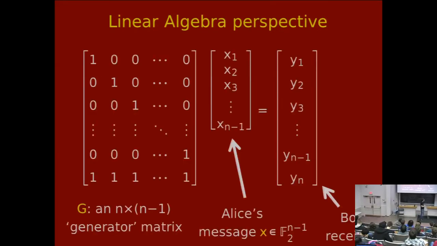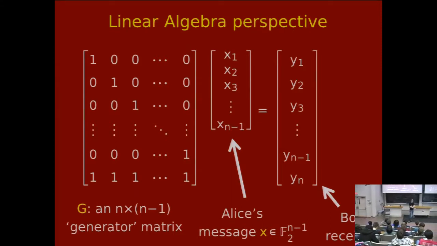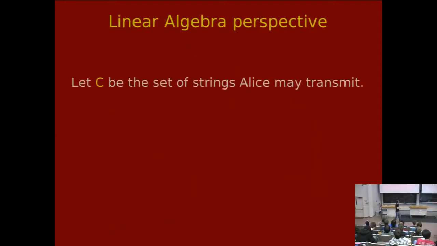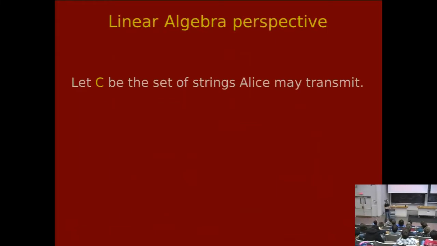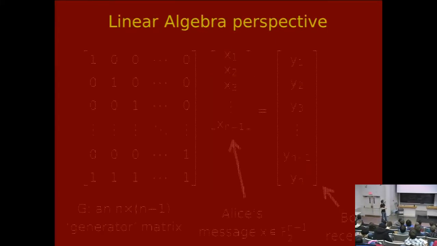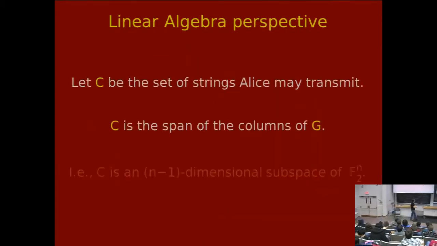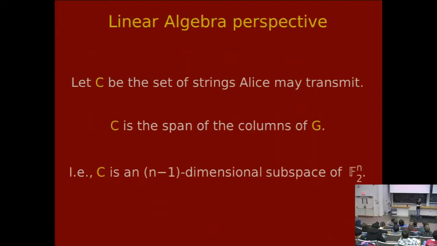So Alice has n-1 bit messages, but she's sending n-bit strings. Let C be the set of all strings that she might transmit. Then C is just the span of the columns of this matrix, all linear combinations of the columns. That's the set of n-bit strings she might send. So it's a subspace, an n-1 dimensional subspace of F2^n.